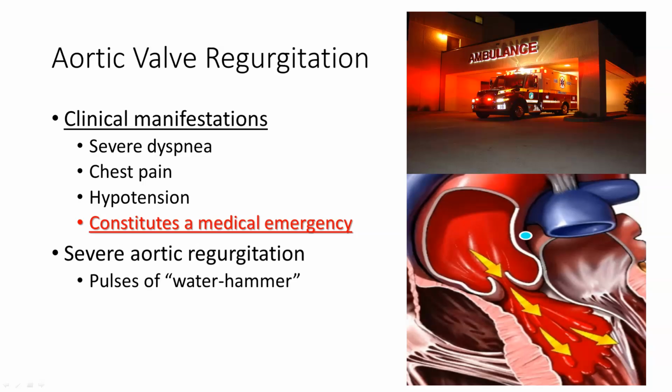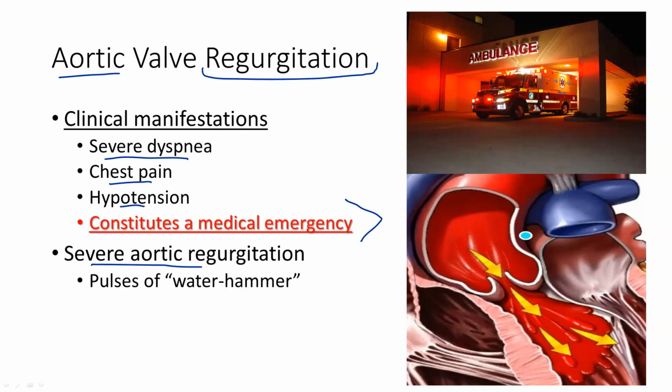So now we're going to look at aortic valve regurgitation. So remember we said regurgitation is just a backflow of blood. Because it involves the aortic valve, what we're going to end up with is this triad of severe dyspnea, chest pain, hypotension. Sounds a lot like shock to me. It's a medical emergency.